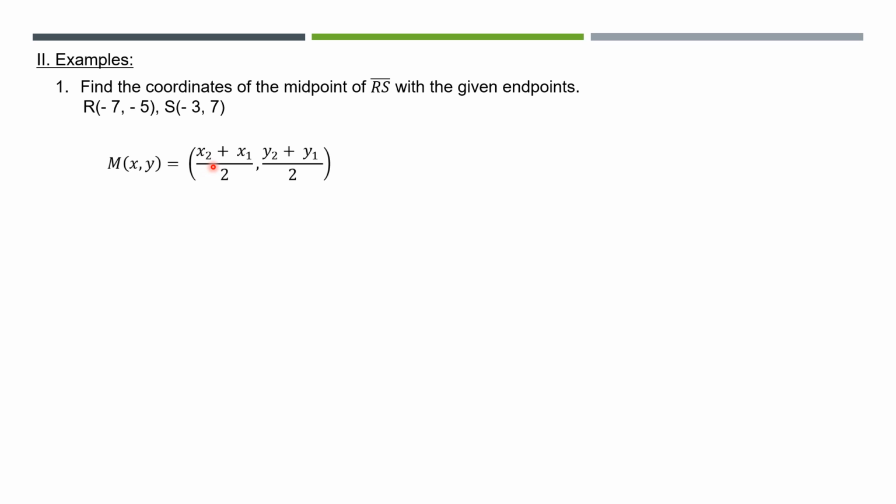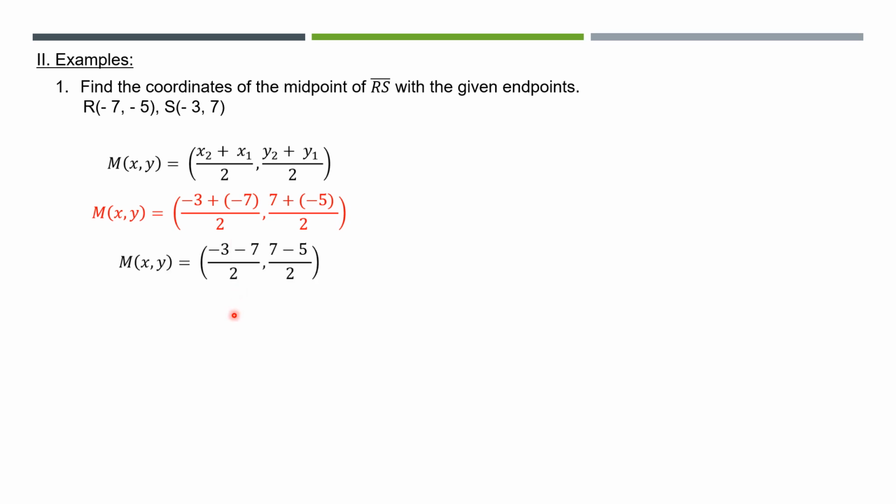So -3 plus -7 over 2. And then go to the second y, 7, plus the first y, -5. So 7 plus -5. As we talked about yesterday, this is probably not the way you're actually going to write it. If you do, that's okay. But algebraically, it looks more like this.